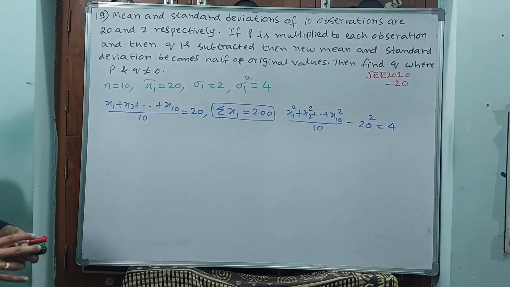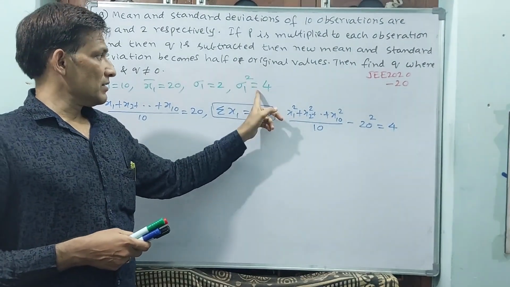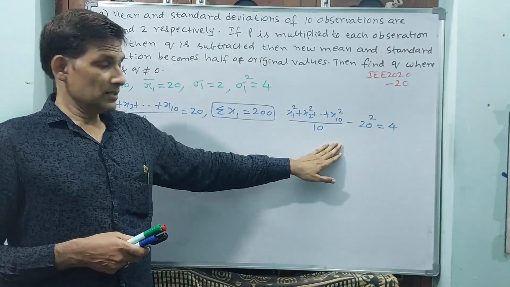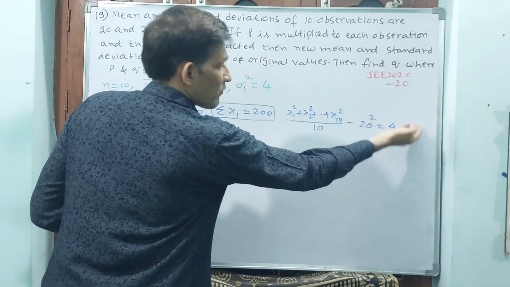Is it okay? Yes. Why? Because this is the sigma 1 square only we are doing still. The sigma 1 square value is 4. Now 20 square means 400, so 404.